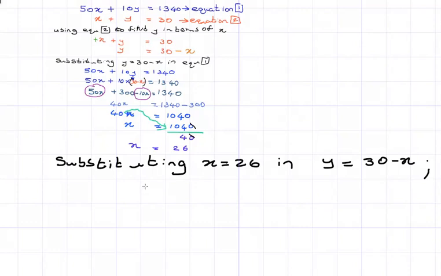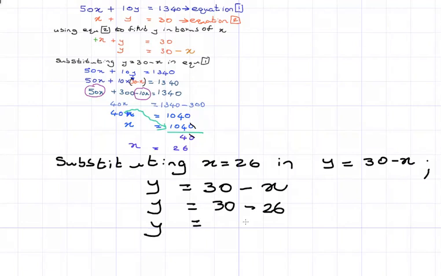So what is it? We know y is equal to 30 minus x. So what would y be equal to then? 30 minus, we know x's value. What is x's value? It is 26. So y equals 30 minus 26, that's 4. All right, so we have found out x's value and we also have found out y's value.